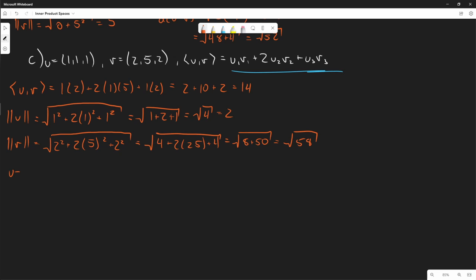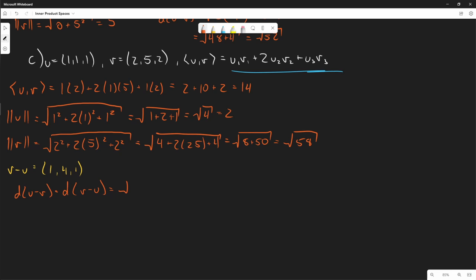And then our distance between them, v minus u, which is 2 minus 1 is 1, 5 minus 1 is 4, and then 2 minus 1 is 1. And so our distance of u minus v, we know that when it comes to inner products, this is the same thing as v minus u.